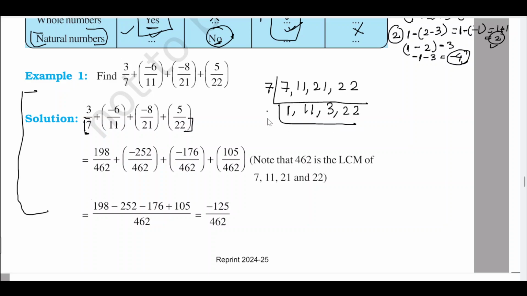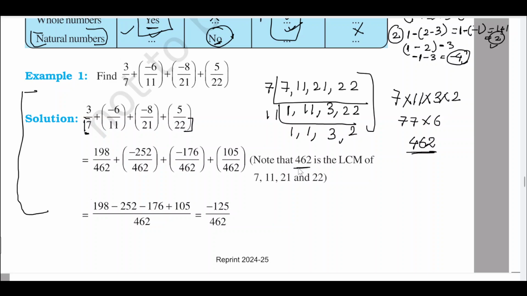Then dividing by 11, we get 1, 1, 3, and 2. So 7 into 11 into 3 into 2. How much? 77 into 6, that is 462. So we have the LCM as 462.